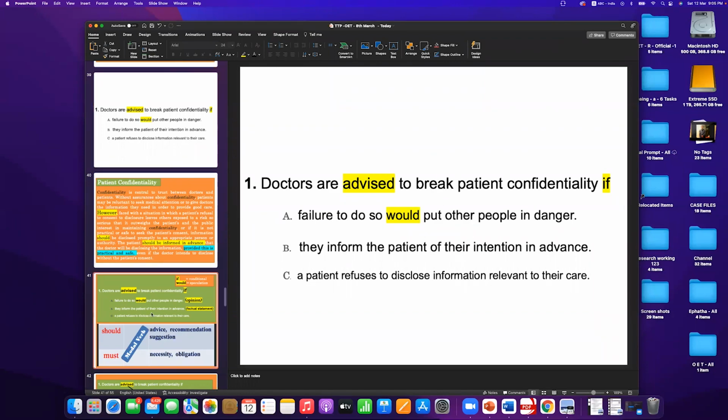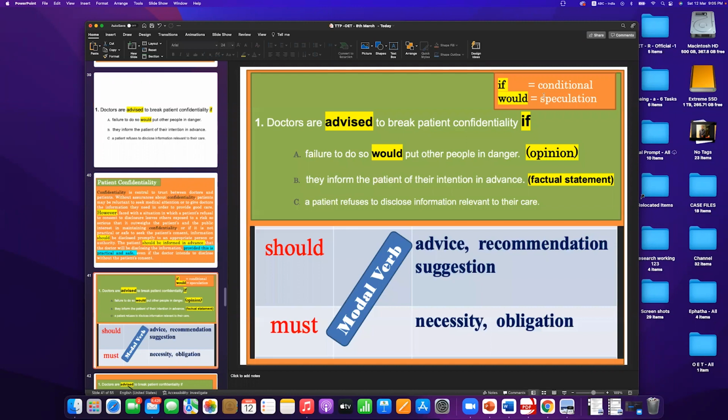Let's analyze this question. See, if, conditional, would, speculation. So opinion is given here. Doctors are advised to. Advising is opinion, right? Advised to do something. It's not sure, not must. It is should, right? Advised means advisory: advice, recommendation, suggestion, should, not must.